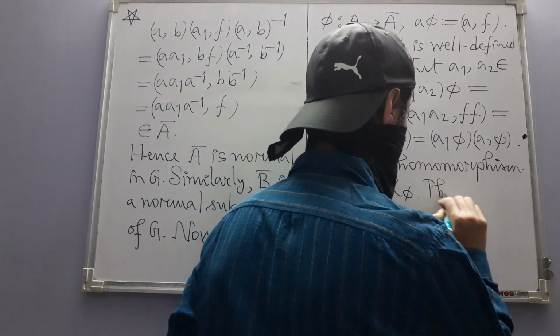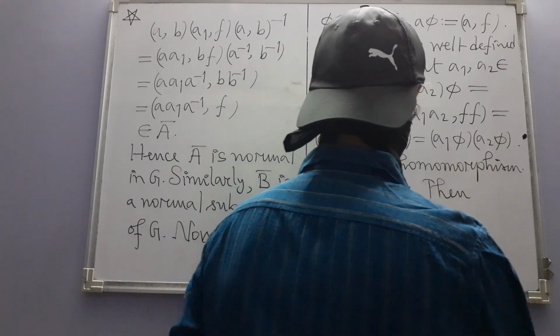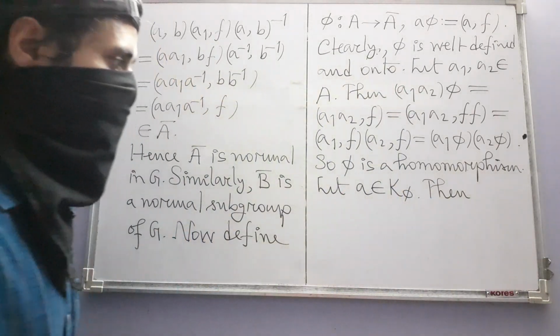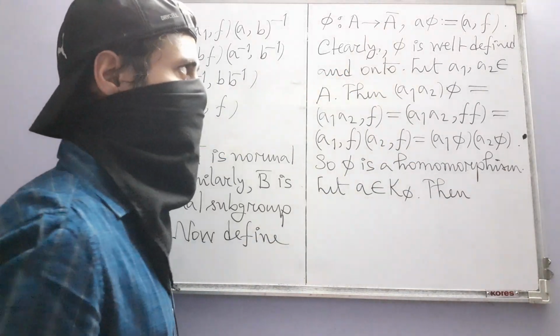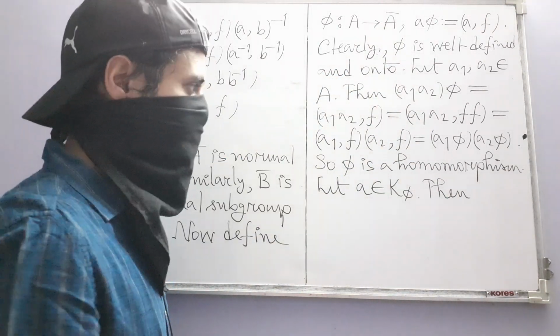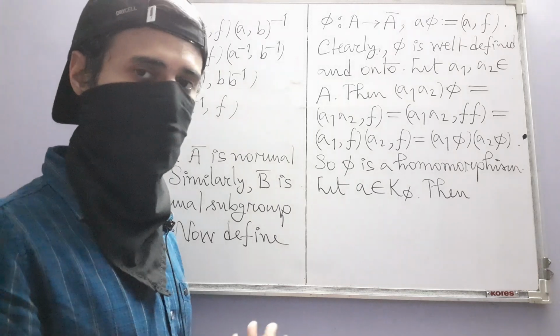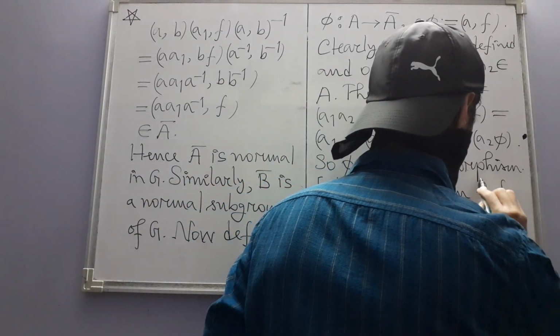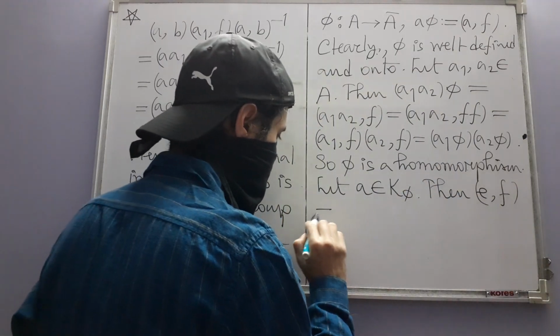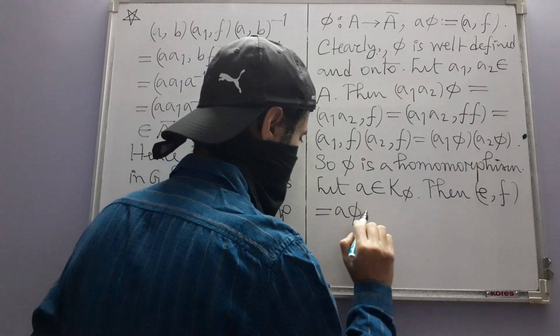Then if you apply phi on it, it's going to give you the identity element in A bar, and that identity element in A bar is just the identity element in G, that is E comma F. So E comma F should be A phi.